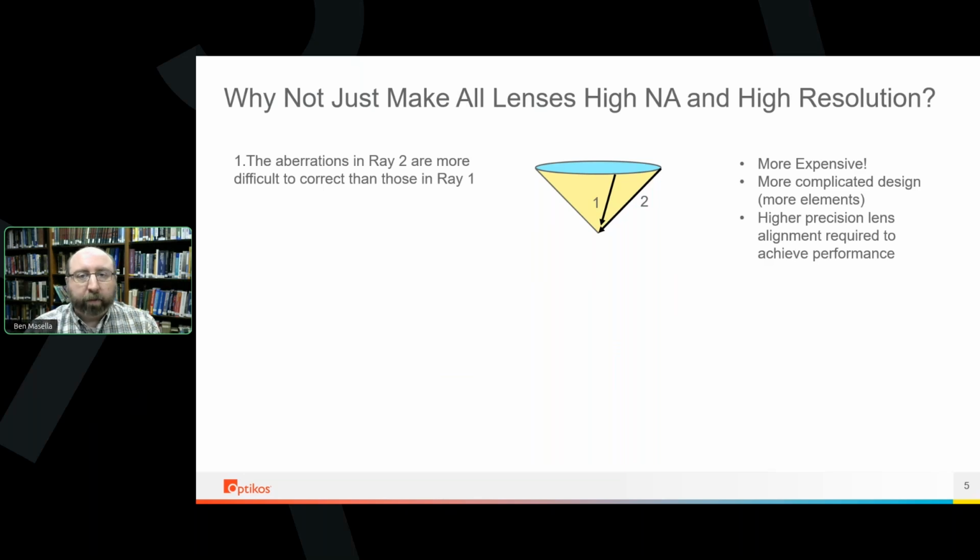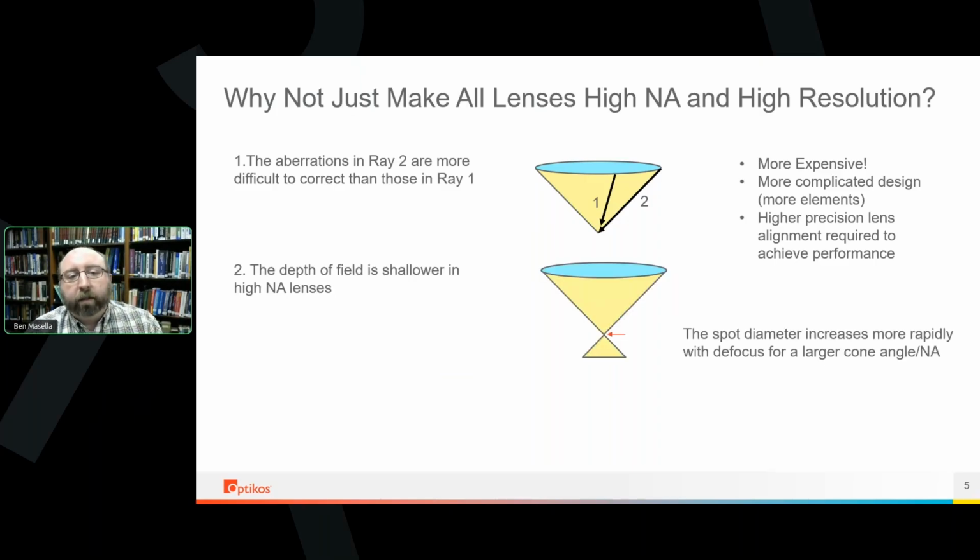A ray closer to the optical axis requires less optical power to correct and will experience less aberration. So increasing the numerical aperture of the lens requires more complicated designs, more elements, higher precision of those elements, and that all leads to more expensive and complex designs.